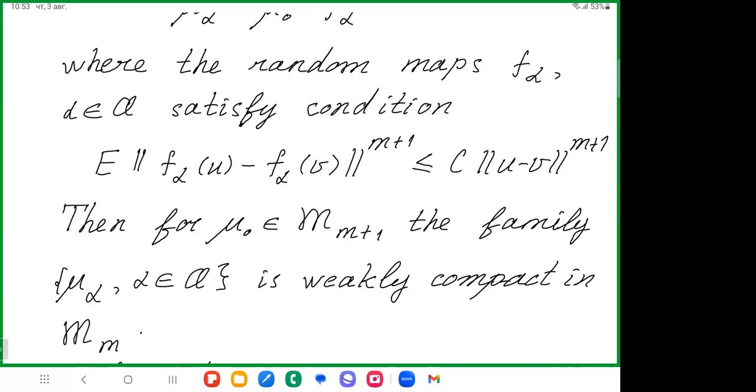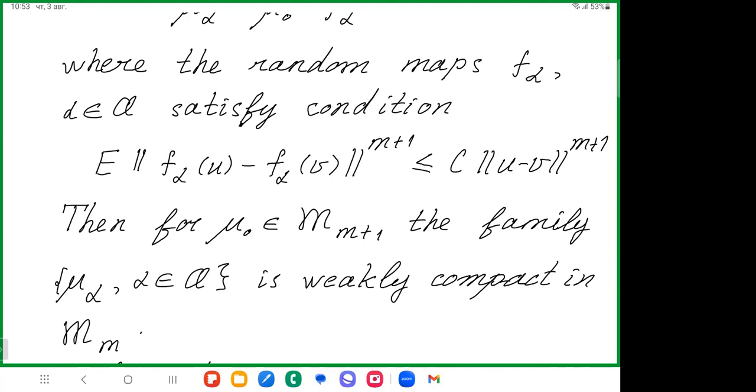The reason is the following. You remember that we described weak compactness in the Wasserstein space, and during this description we used the family of functions j_k, which have a growth at infinity like the norm of u in power m.